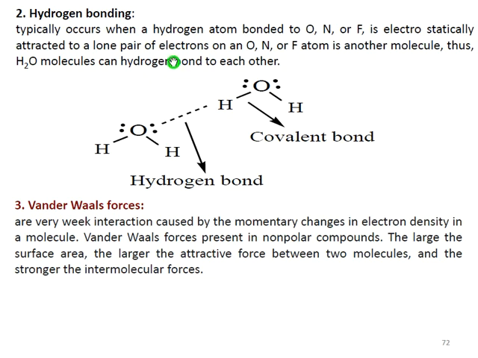Thus, H2O molecules can make hydrogen bonds with each other. That means this hydrogen bonded to this oxygen will be partially positive, and this partially positive hydrogen will make a hydrogen bond with the lone pair of electrons. Look, this is so important, with the lone pair of electrons on the oxygen atom.